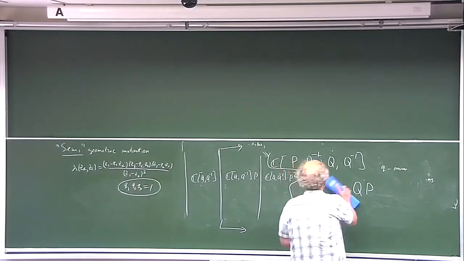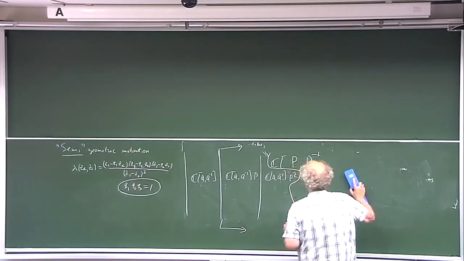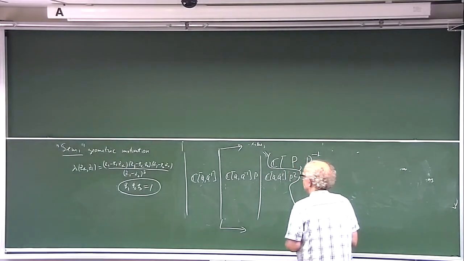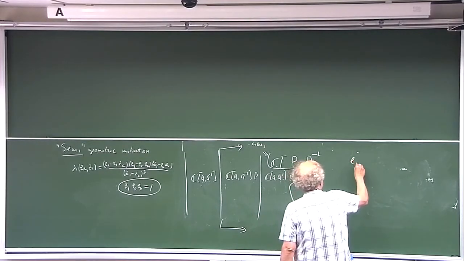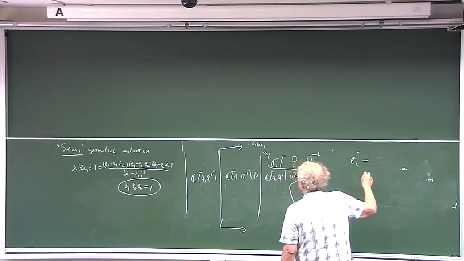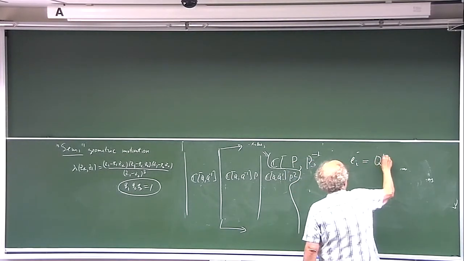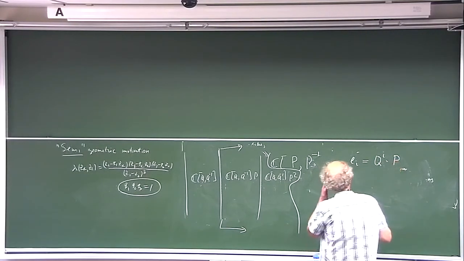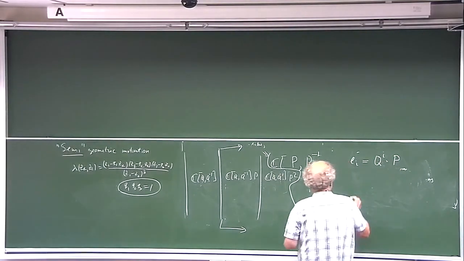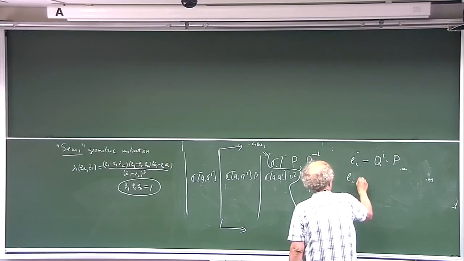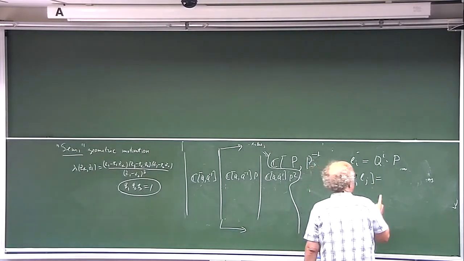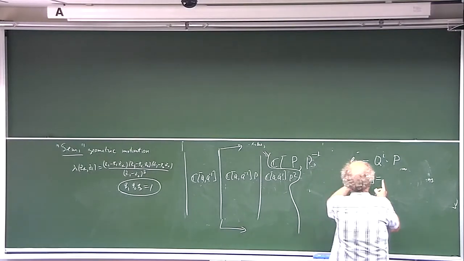Let us do the same thing. So P_i now will be Q^i times P, and if we calculate the bracket of P_i and P_j, what will it be?